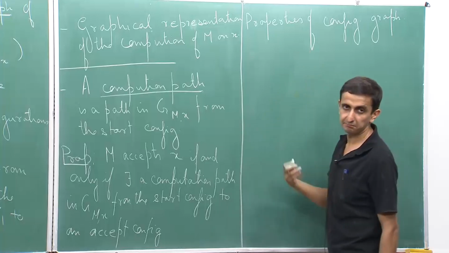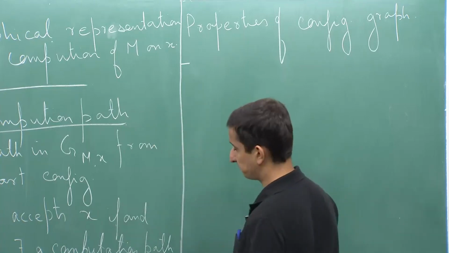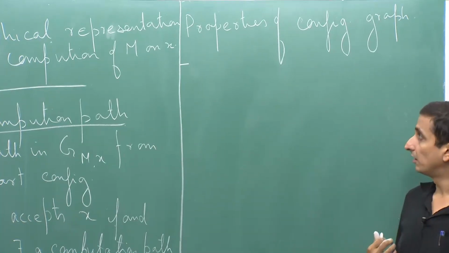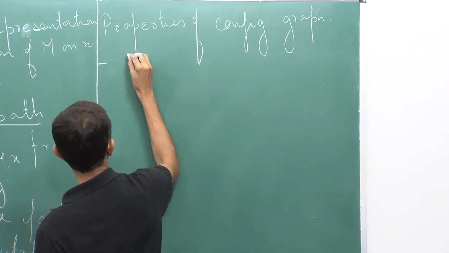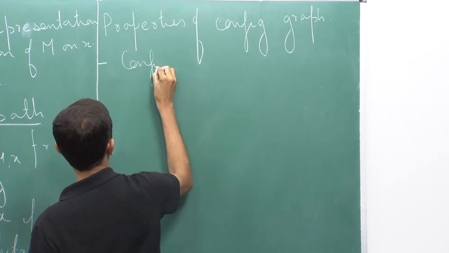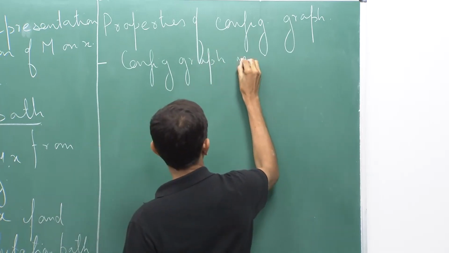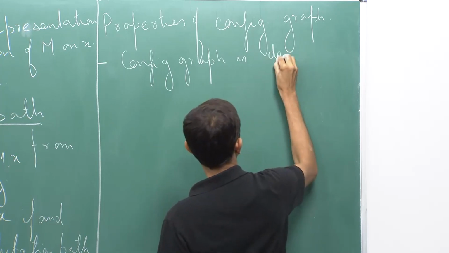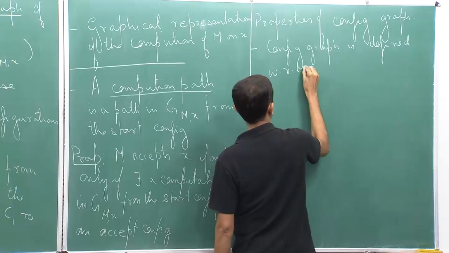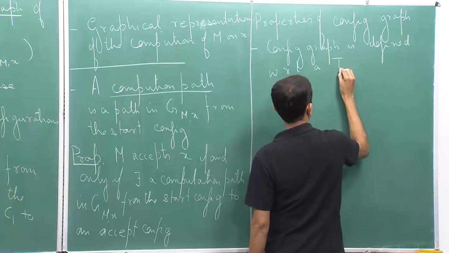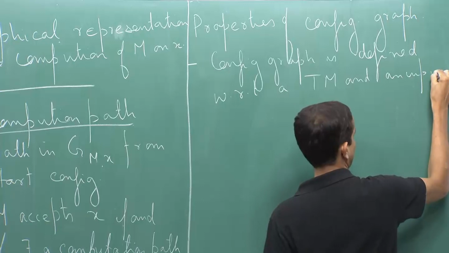Properties and notations. The first property, or rather an important observation, is that a configuration graph is defined with respect to a Turing machine and an input.